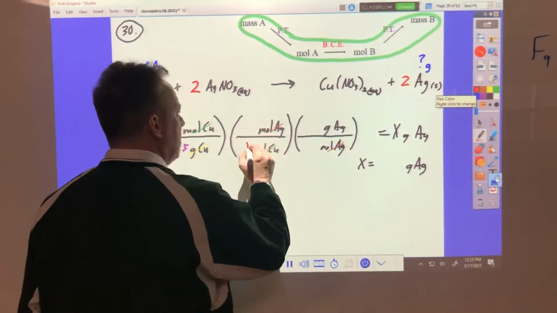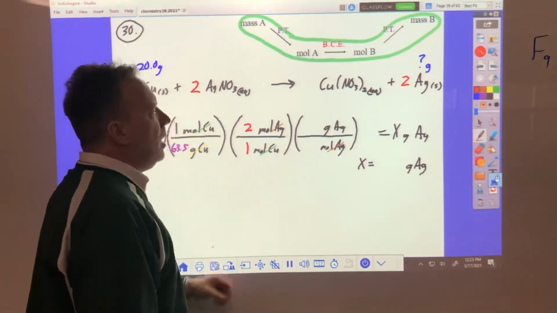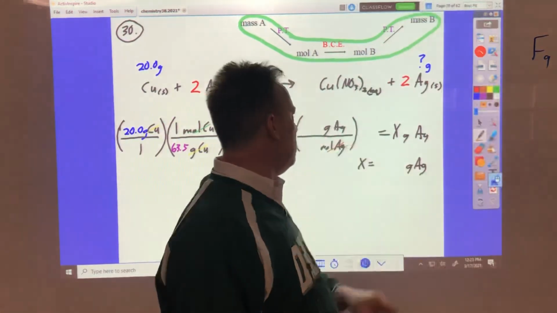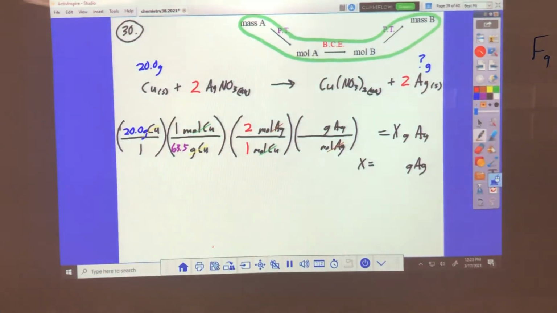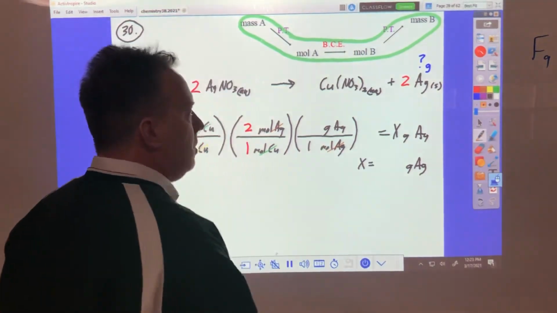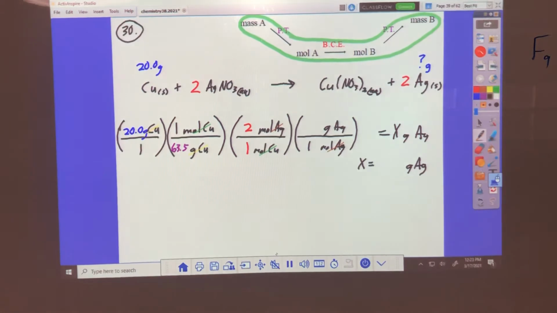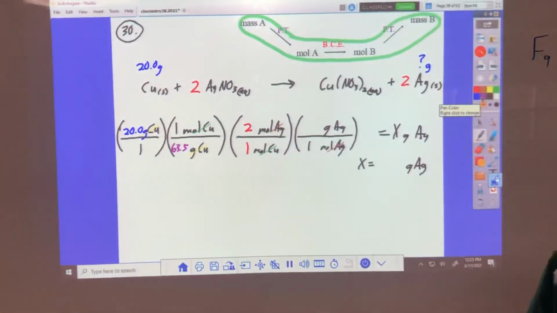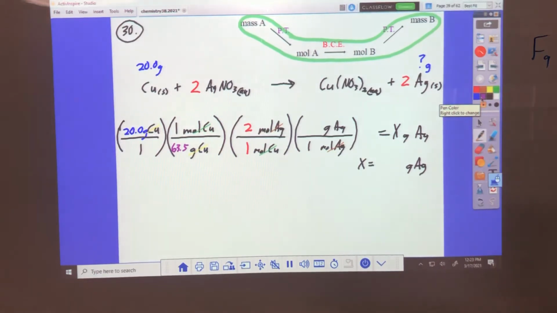So 1 copper is 2 silver. And then from the last step, we get the numbers from the periodic table. And from the periodic table, 1 mole of silver is 107.9, I think. Check that out. Yeah, I think so.